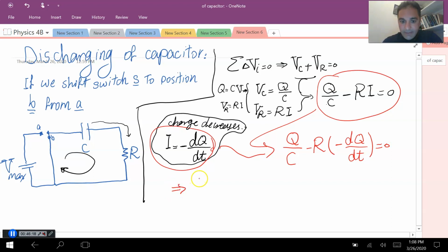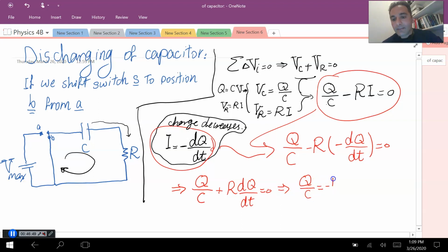Therefore, I can say Q over C plus R dq over dt equals 0, correct? So what I am going to have at this time, I can write Q over C is equal to negative R dq over dt. So far good?